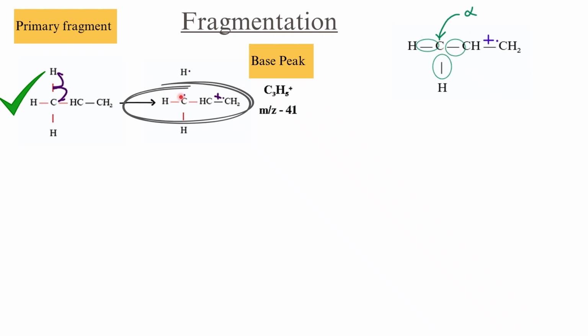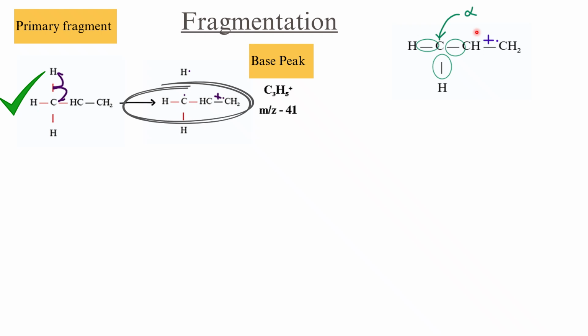I have removed this radical or this electron just to avoid confusion, because it doesn't matter whether that electron is there or not in mass spectrometry, because we are not going to draw any stable structure, and they don't even ask it in the exam. We just want to determine the possible molecular formula for that particular fragment, so that we can determine its respective peak in the mass spectrum. So this is how my primary fragment looks.